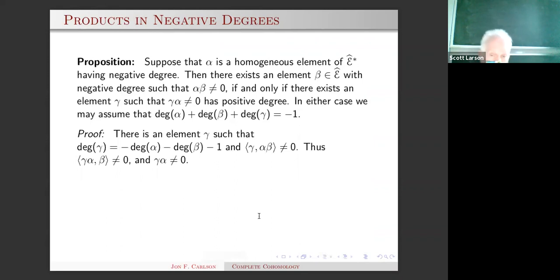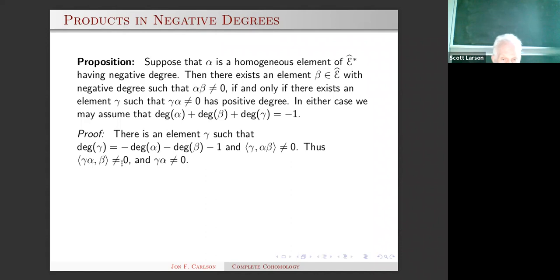If I've got alpha, beta not zero, and these are both elements in negative degrees, I take the Tate dual of that element. So that's what gamma is. Gamma is the Tate dual of that element. And so gamma of alpha beta is not going to be zero. I would usually take it to be one, but that's fine. Just want it to be not zero. But I've got this associativity. I can take this across. But the point is that the degree of gamma is -1 minus the degree of alpha minus the degree of beta.